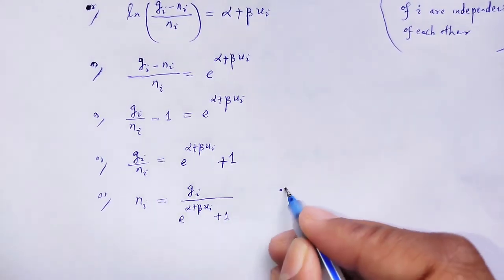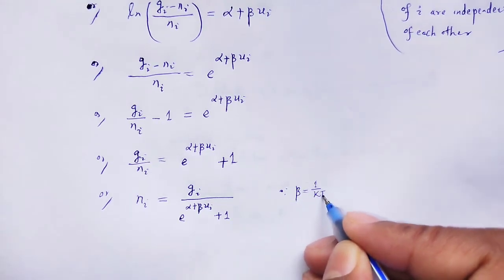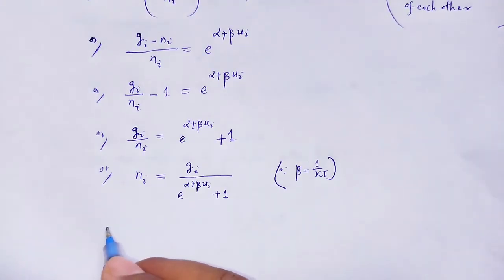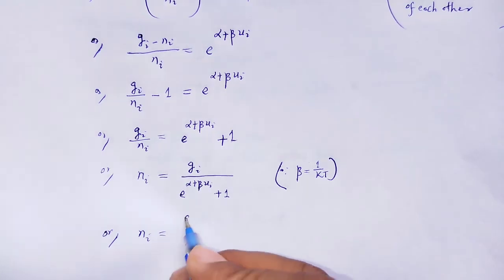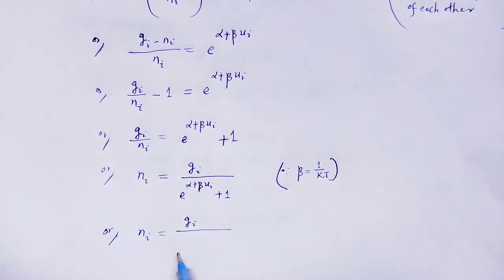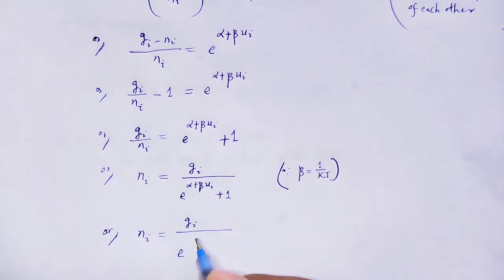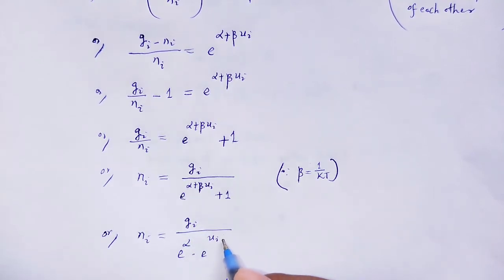If we put the value of beta, which is constant, as 1 by kT, that expression now changes to Ni is equal to Gi divided by [e to the power alpha into e to the power (Ui divided by kT) plus 1].